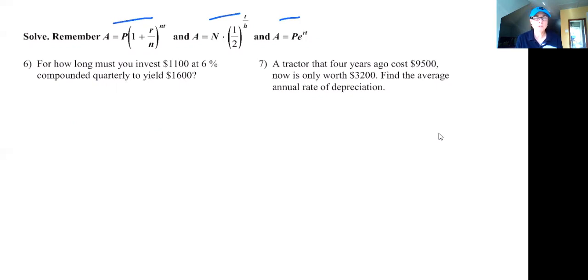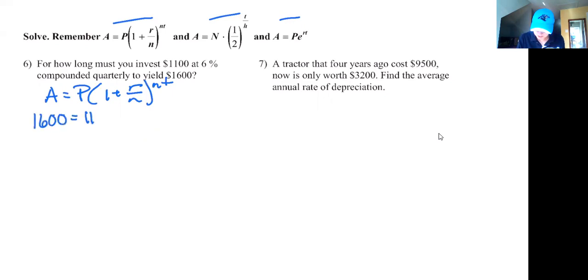So the first one says, how long must you invest $1,100 at 6% compounded quarterly to yield $1,600? All right, so $1,600 is what I'm going to have at the end. Again, I'm going to show my reader I know my formula. This is the formula I'm going to use. I'm always going to start with the formula. So I've got 1,600.